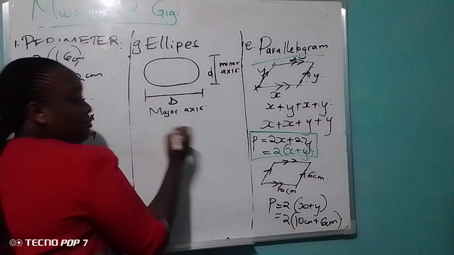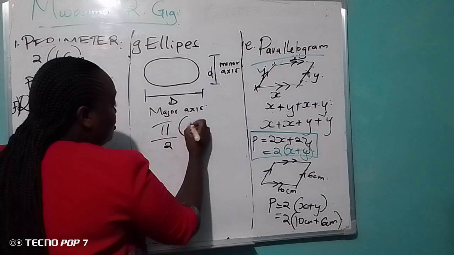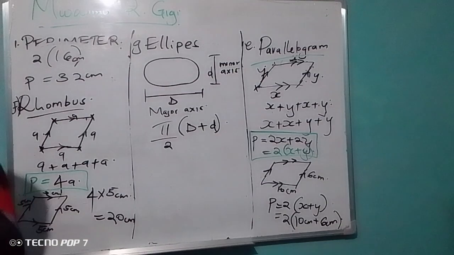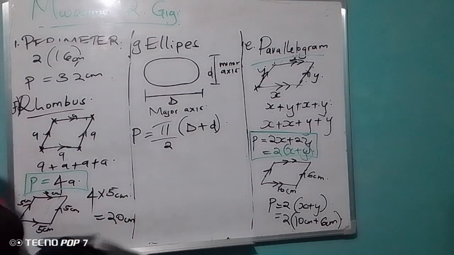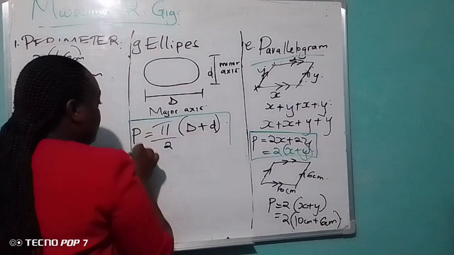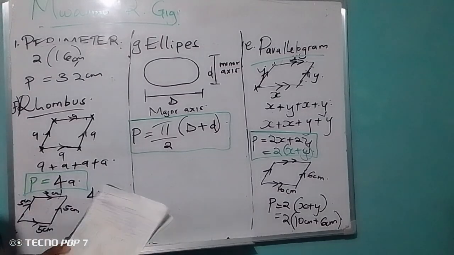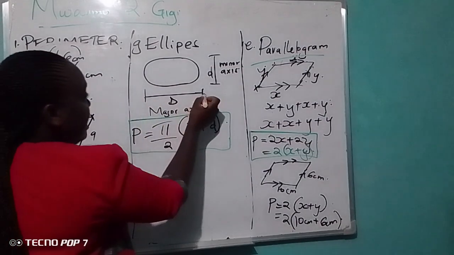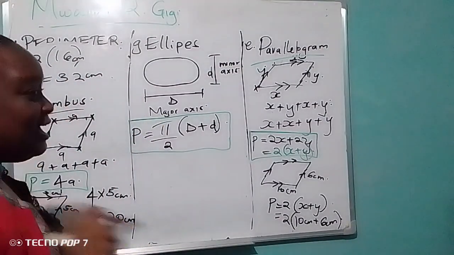So formula pi divide by 2 d plus d. Tunajua hii d imetoka wapi, si ndio? D plus the major axis plus the minor axis, then we divide by 2.